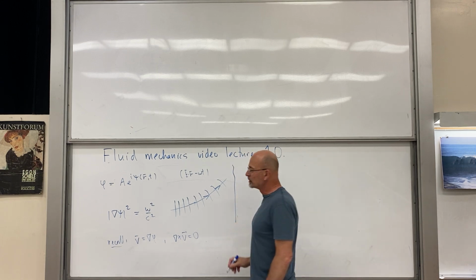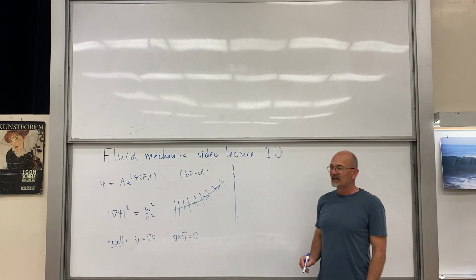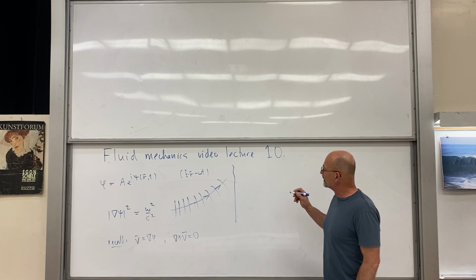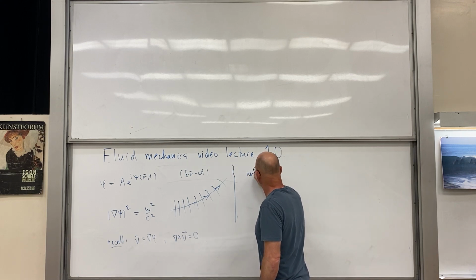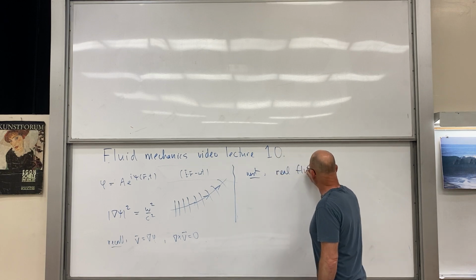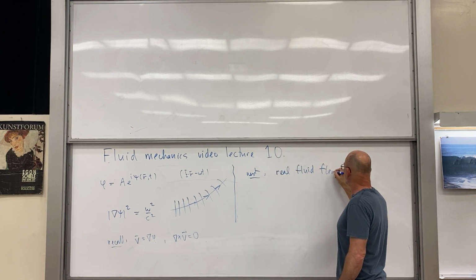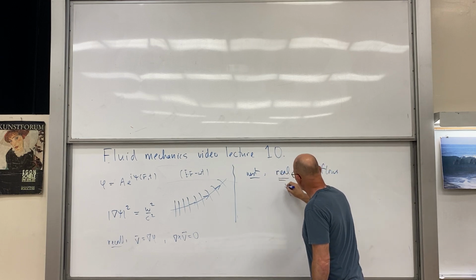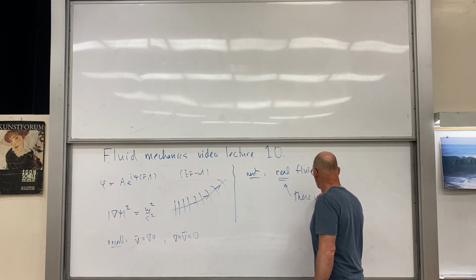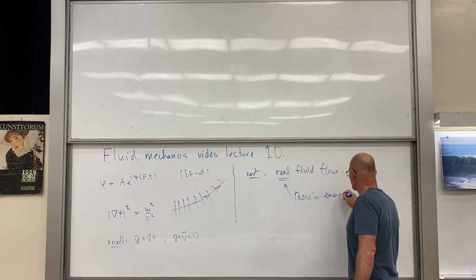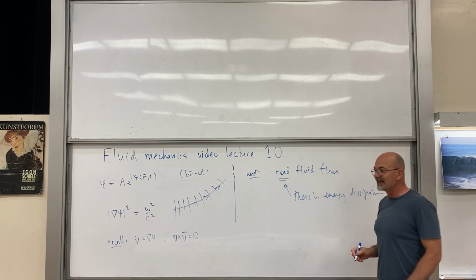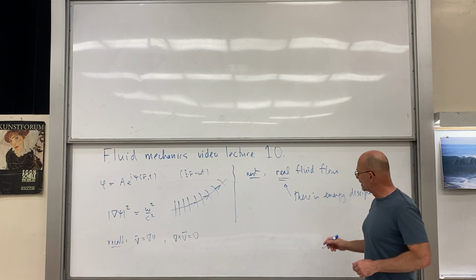So next we're going to go to real fluids, that is to say fluids in which energy dissipation occurs. I'll just call them real fluid flows. And here we mean there is energy dissipation. That is to say, there is internal friction in the fluid.